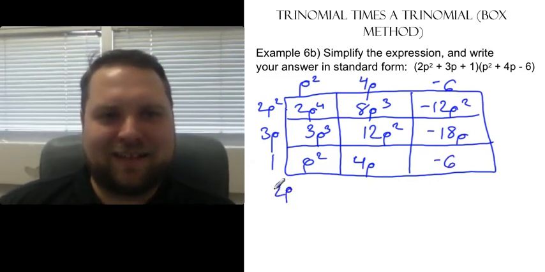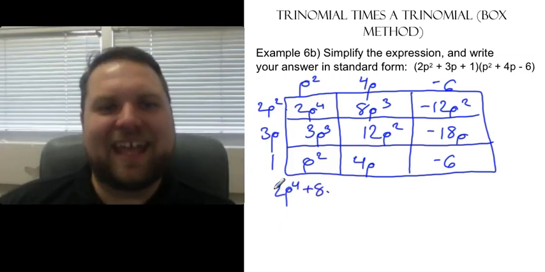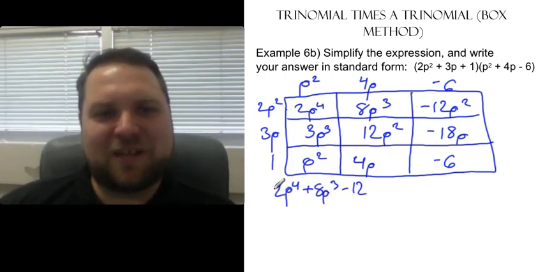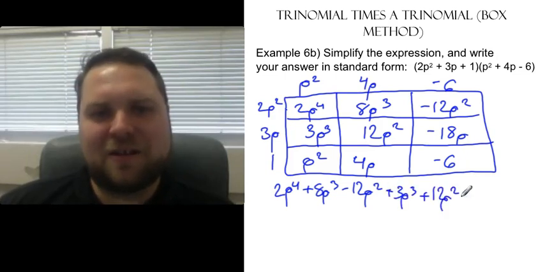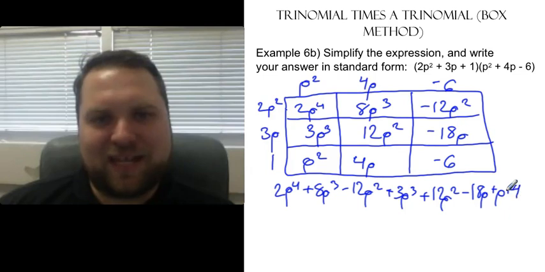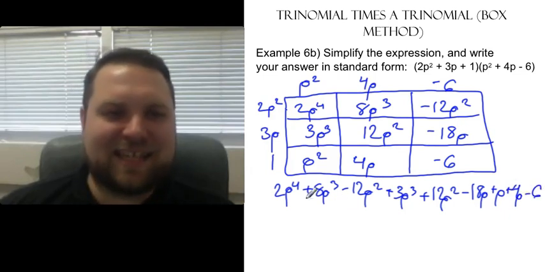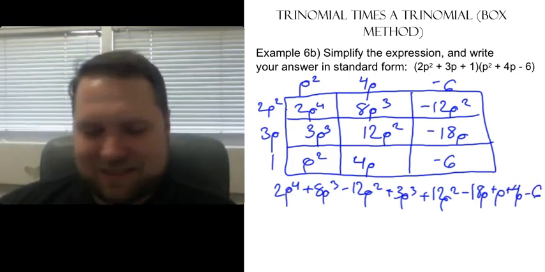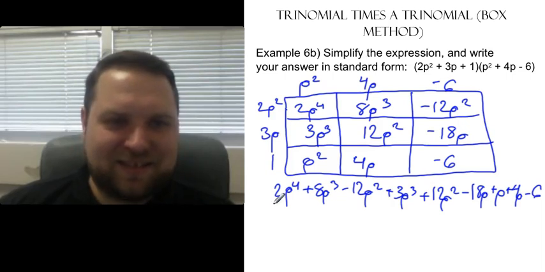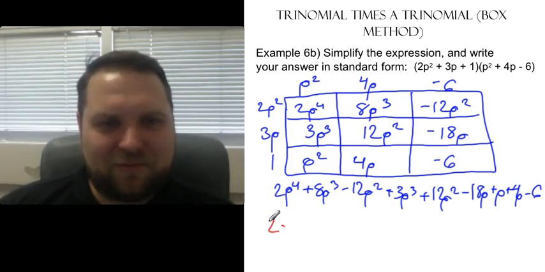Now, I have to write all of that down. 8p cubed minus 12p squared plus 3p cubed plus 12p squared minus 18p. Notice I'm using the signs from there to help me know whether I'm writing a plus or a minus. 4p minus 6. Now, combining like terms, there's nothing that's like that fourth degree term, so it's that.